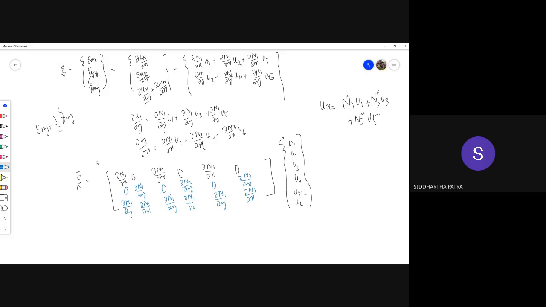So eventually, just like the one-dimensional case, this would be our B matrix multiplying the U hat vector.